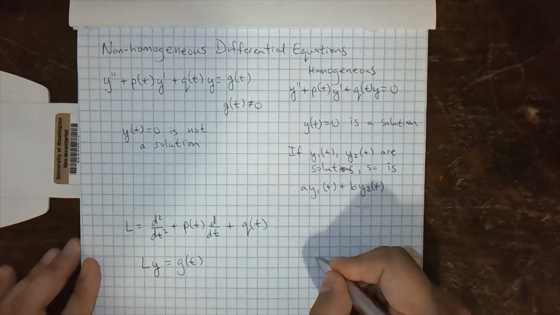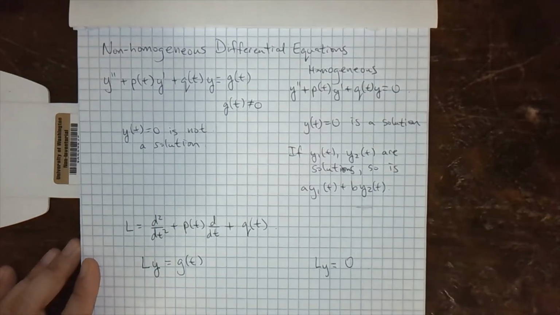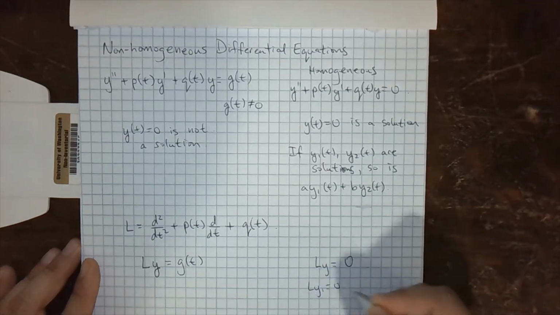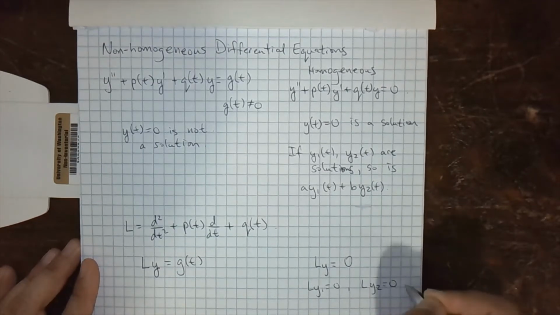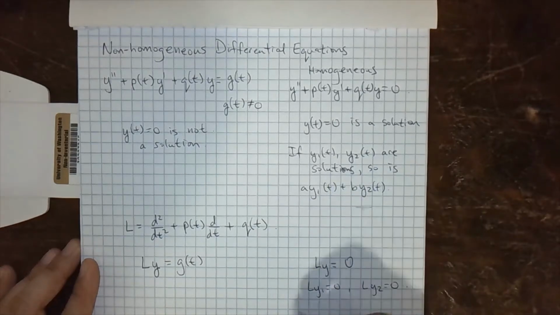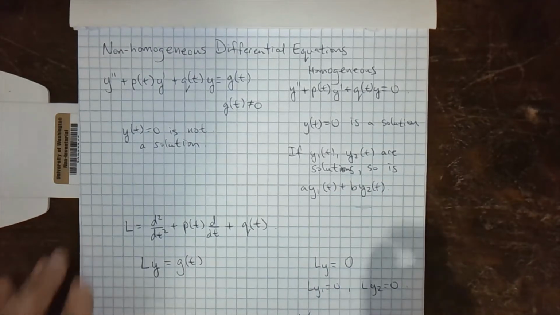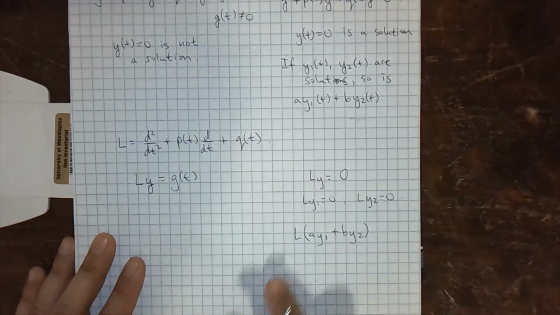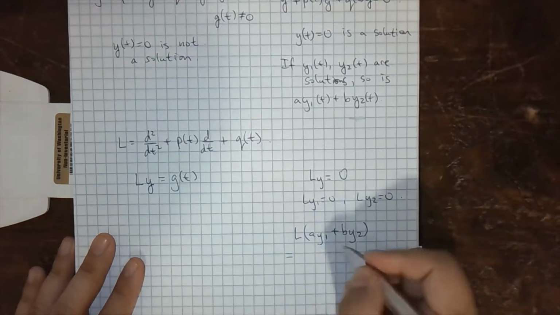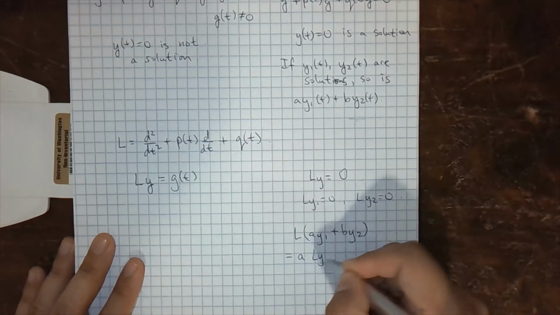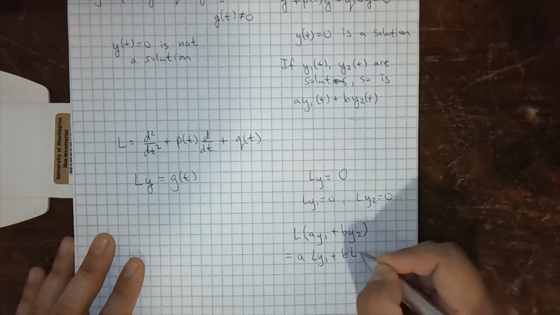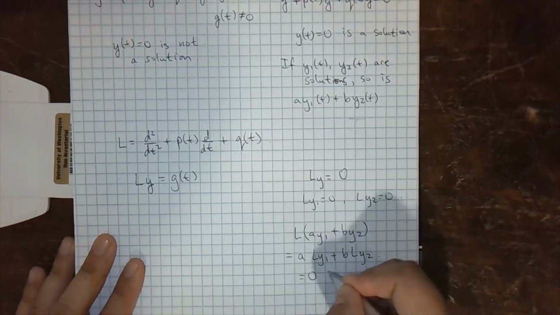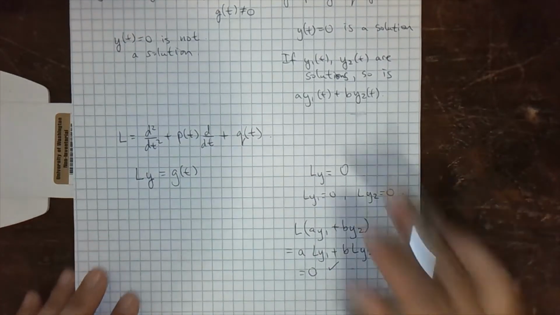And this one is going to be L of y equals 0. So over here, if y1 and y2 are solutions, that means L of y1 equals 0 and L of y2 equals 0. So of course, if we put in L of a y1 plus b y2, the differential operator is linear. So we can factor out the a and distribute, and factor out the b here. And now we get a times 0 plus b times 0. So of course that's 0. So this is definitely a solution.